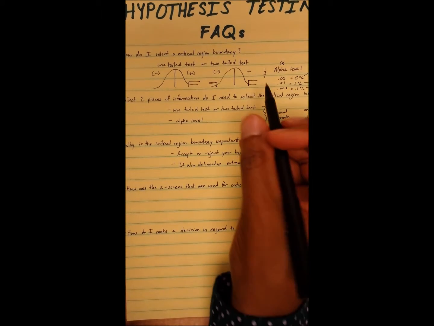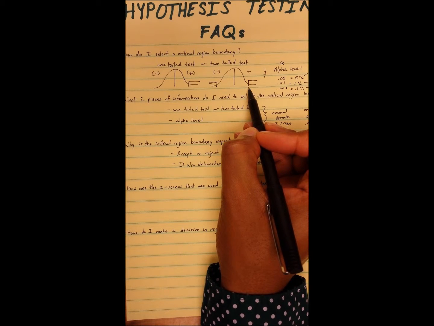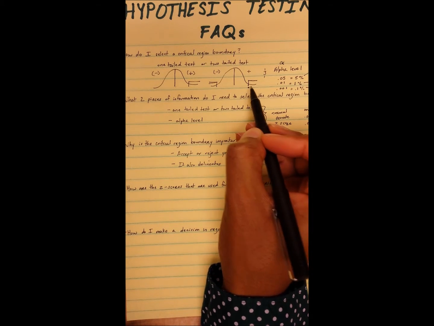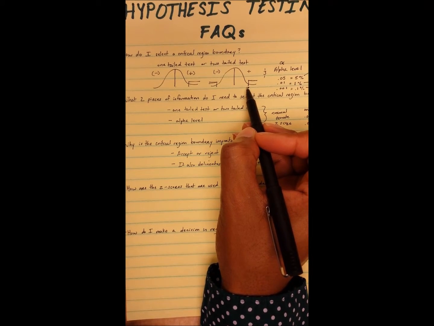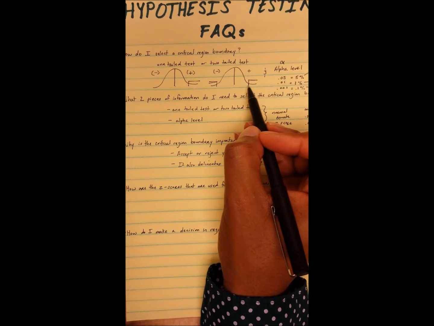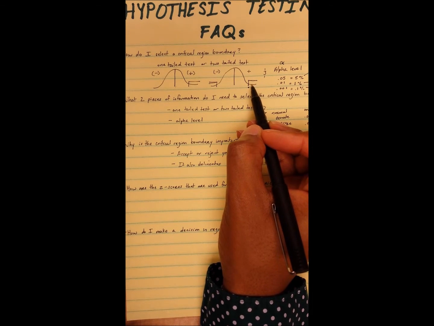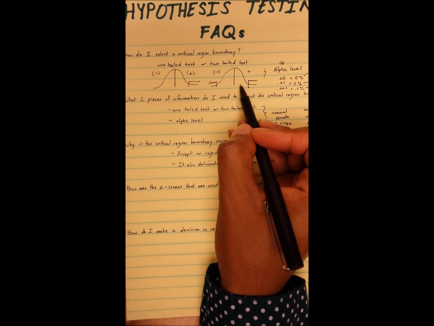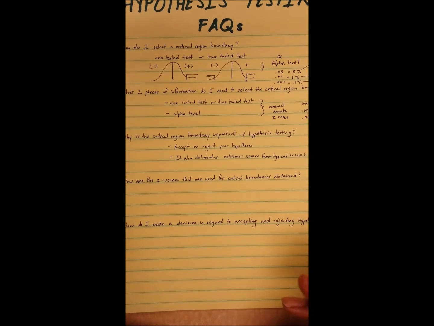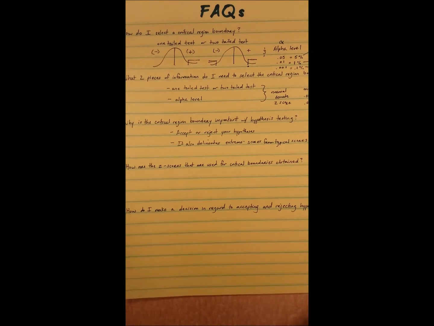Okay, so this is the critical region boundary marker. And if we get a sample mean converted into a z-score that's way out here, we know that this is an extreme score as opposed to one that would normally occur if the z-score was indeed near the center of the distribution.